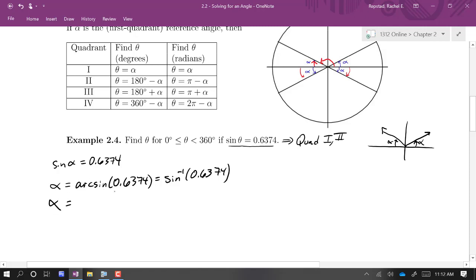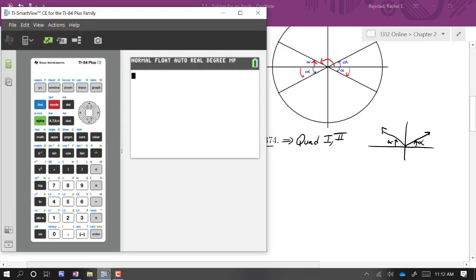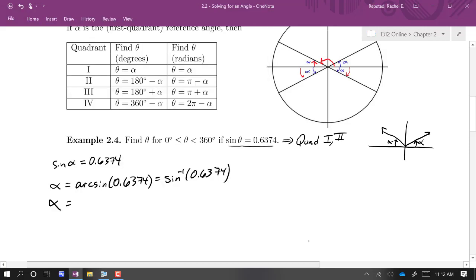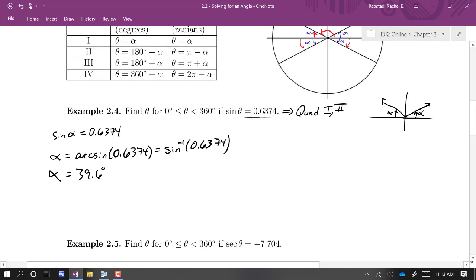So I'm going to find arcsine of 0.6374 on the calculator here. I'm going to hit the second button and then sine 0.6374. And I get 39.6 degrees. Okay, so there's my reference angle.